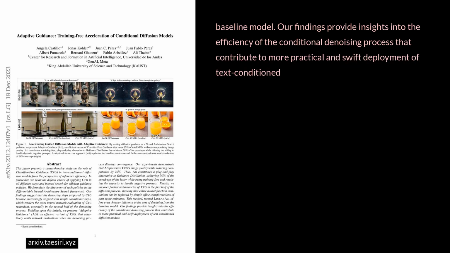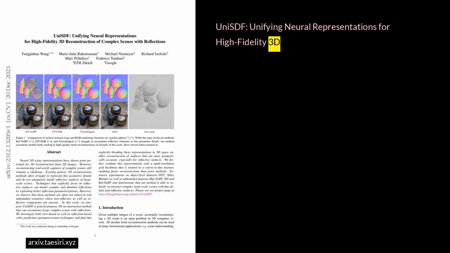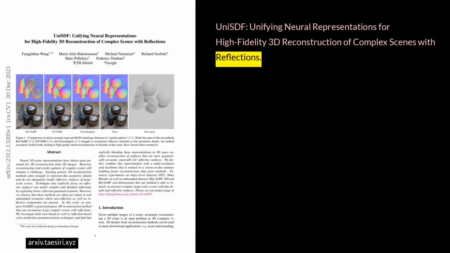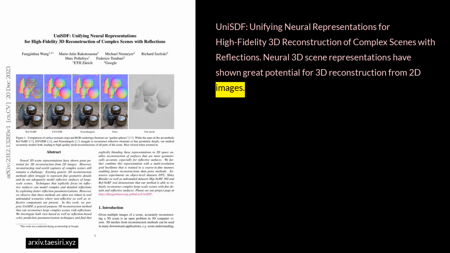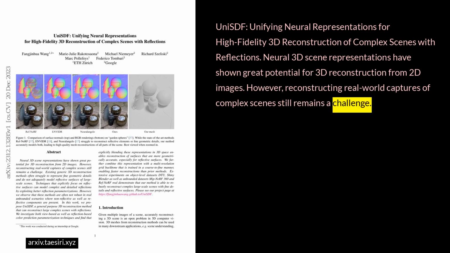UniSDF, Unifying Neural Representations for High-Fidelity 3D Reconstruction of Complex Scenes with Reflections. Neural 3D scene representations have shown great potential for 3D reconstruction from 2D images. However, reconstructing real-world captures of complex scenes still remains a challenge.